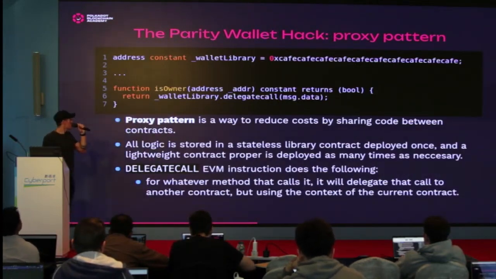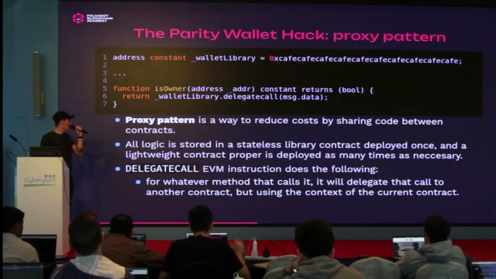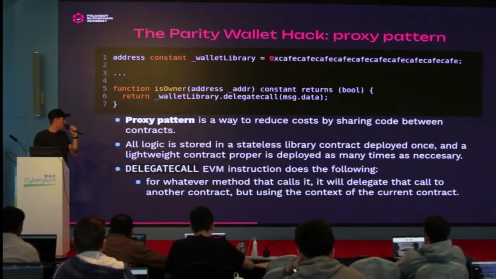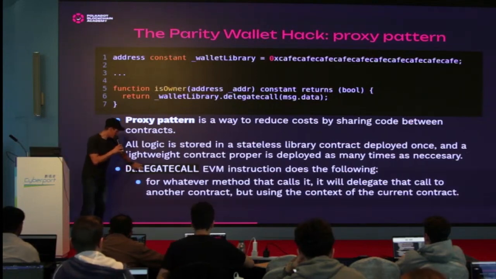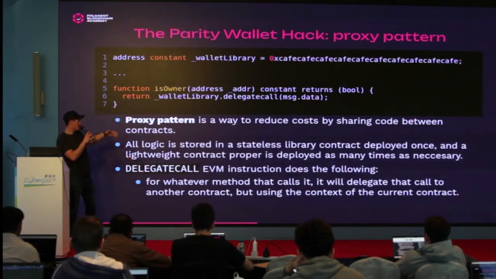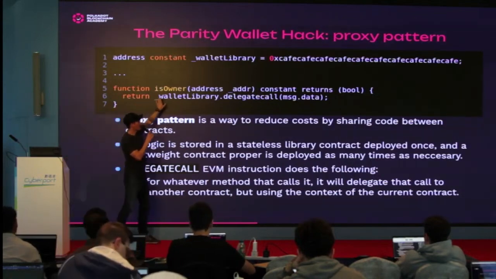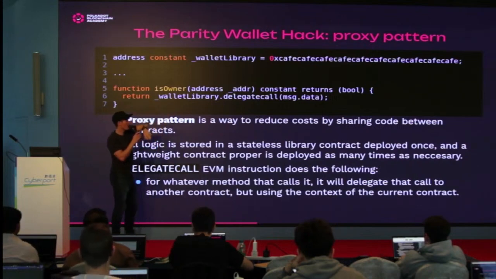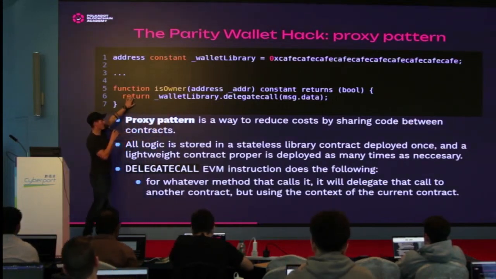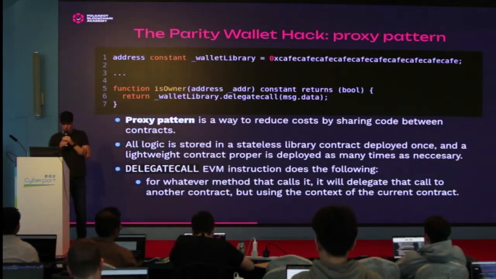If you know Java, for example, this is kind of like a super call in Java. And delegate call, we probably went over it in some other lectures, means execute that logic in this library contract within the context of the caller contract.